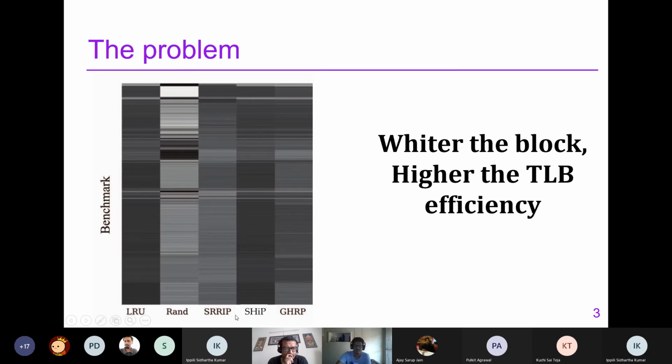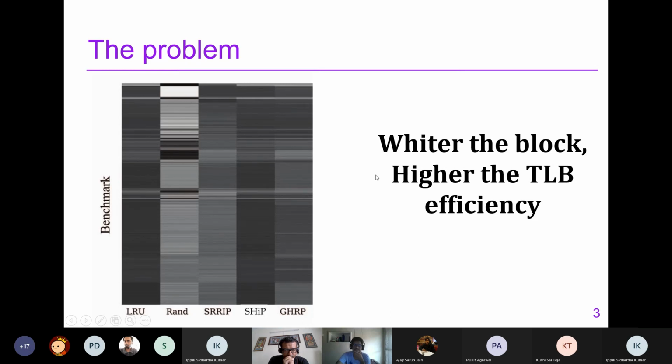LRU and random we know; SRRIP, SHiP, and GHRP are predictive replacement policies, which we will look at in the following slides. Here you can see that some blocks are lighter and some are very dark. The whiter the block, the higher the TLB efficiency. That is, more of the TLB entries are getting used, and there are far fewer TLB misses.